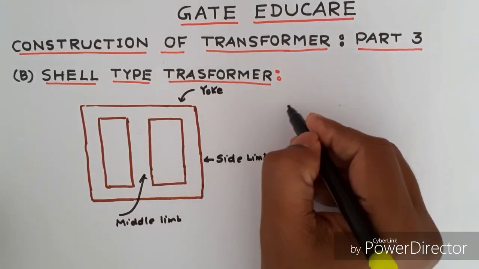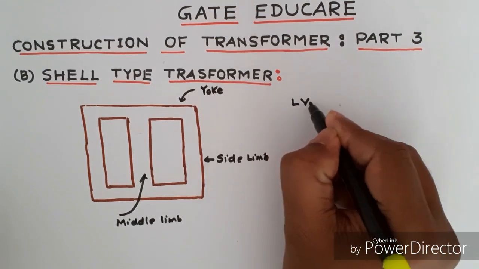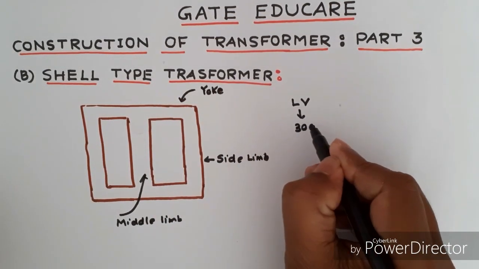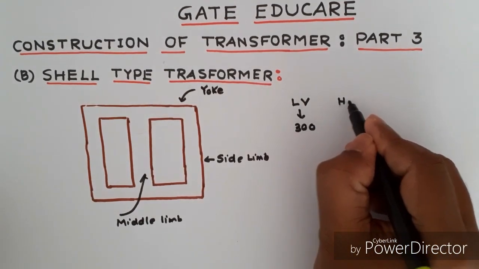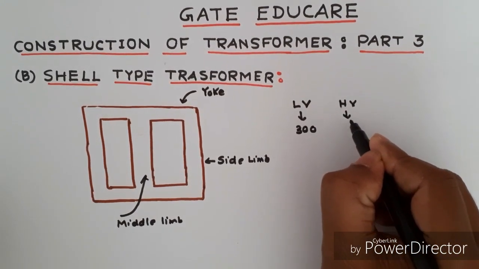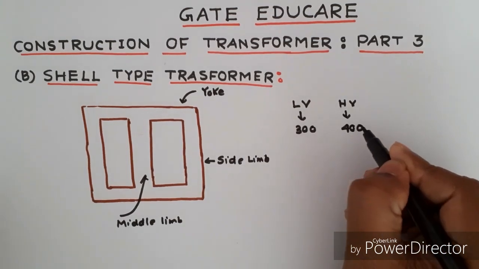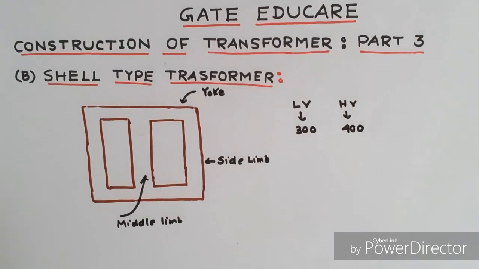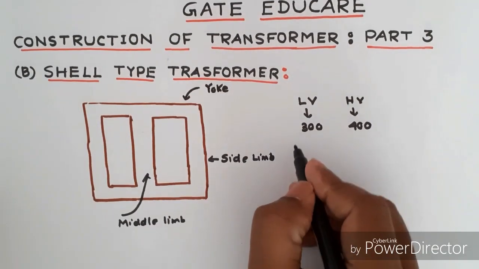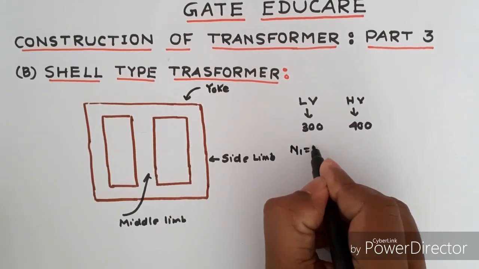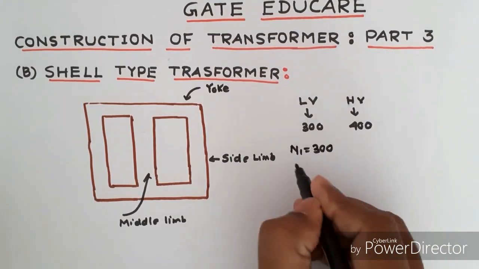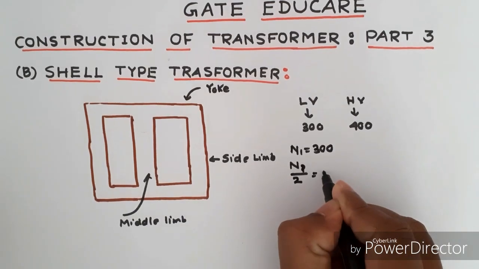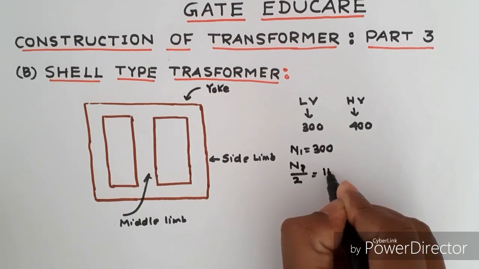Let the LV number of turns of shell type transformer be 300 and HV number of turns be 400. This is N1. The LV number of turns N1 equals 300. Then N1 divided by 2 equals 150.